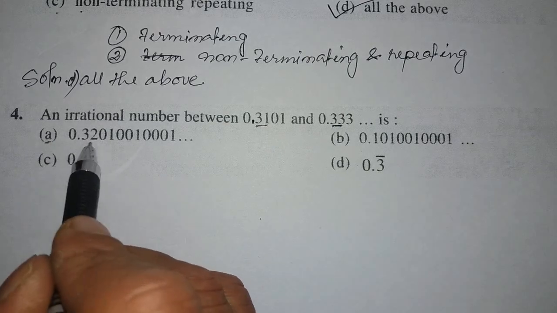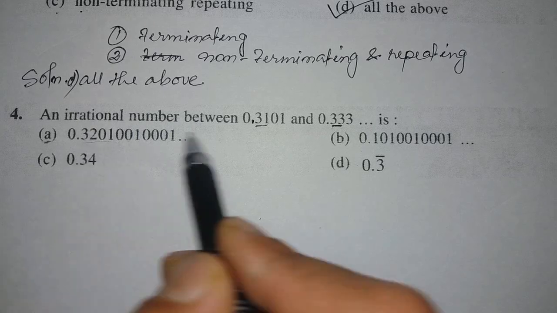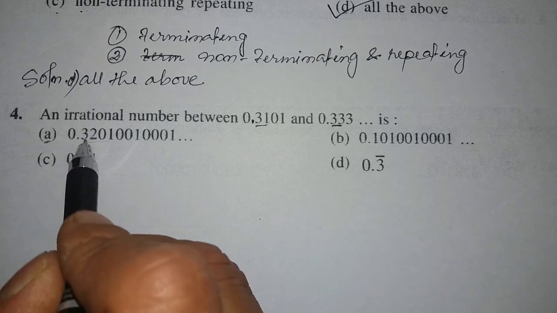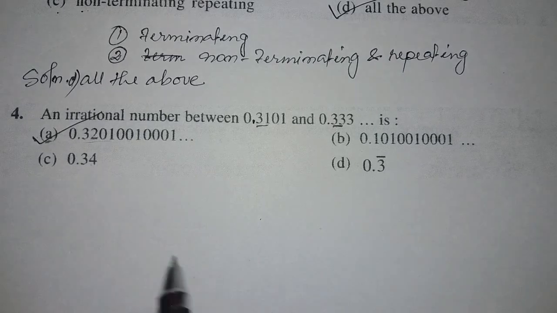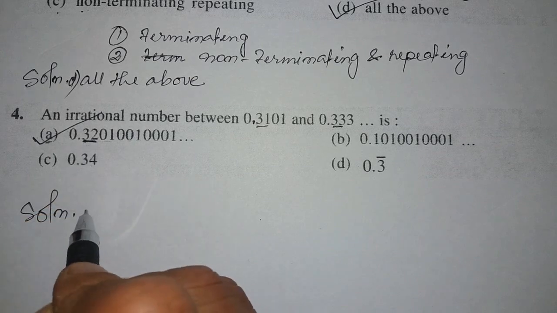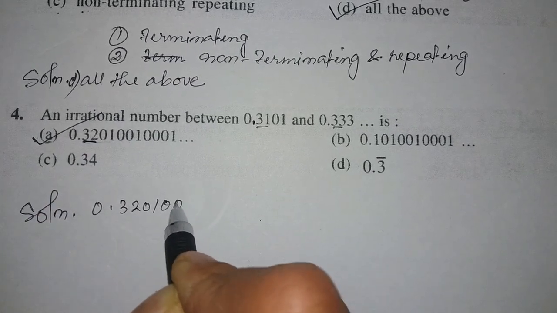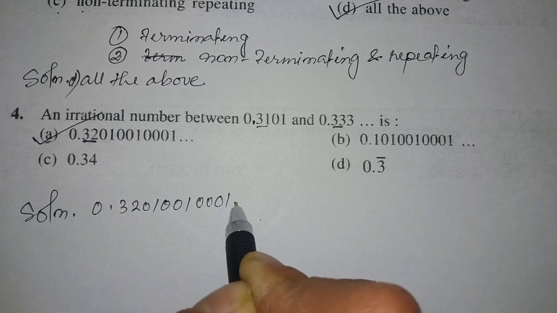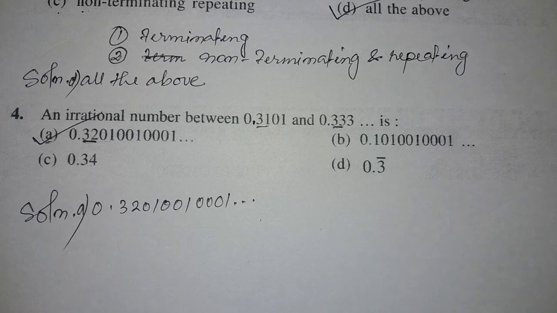So let's check which one is between 31 and 33. Here 32, because we know that 32 is between 31 and 33. So this must be our right answer. So solution is here 0.320100100001. So this is our solution.